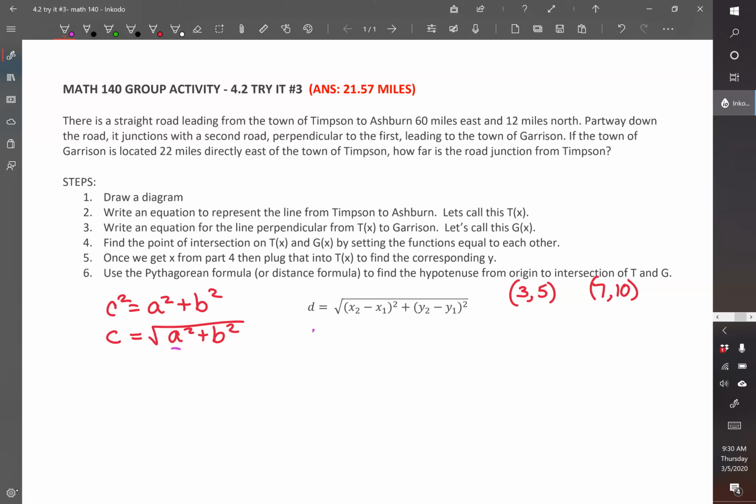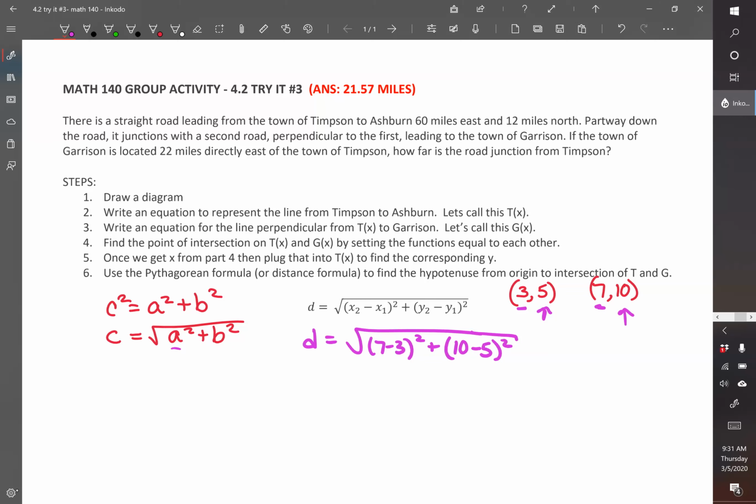That's really what I'm doing. So x values, I would have 7 minus 3, or again, I could just write 4 in there, that's fine. And then 10 minus the 5. It's just like kind of doing your slope, right? And that all squared. And again, I could just pop a 5 in there if I wanted to.